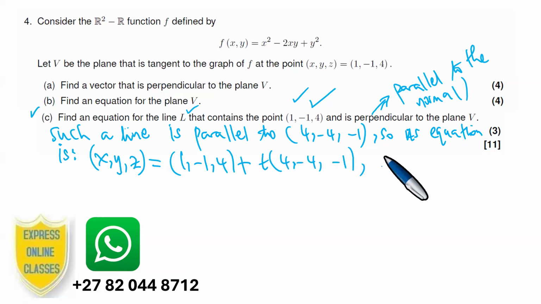And t is our parameter, and t is an element of the set of real numbers. Okay, but now we can simplify this. So this is the answer.